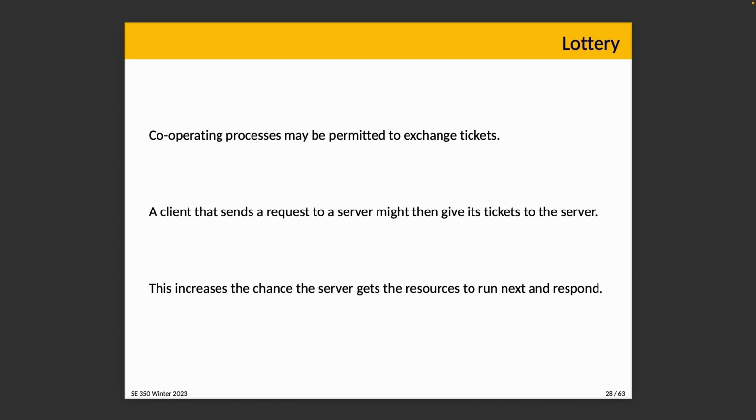This hopefully results in a faster response than if the client process, which is going to get blocked anyway, just sits there holding on to the tickets in the first place. Does it always work? No. But it is still interesting to think about, right? What could we do with an underground economy of tickets, so to speak? Because that might be clever.